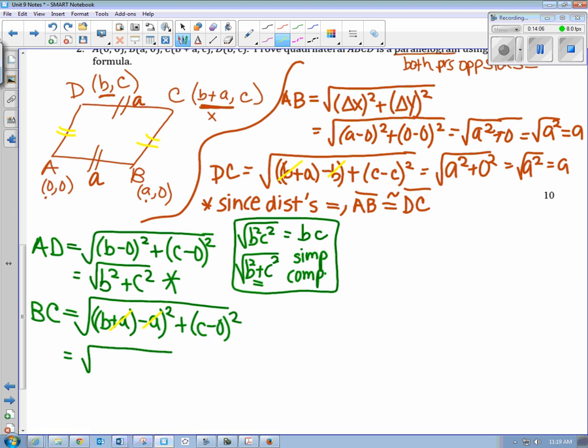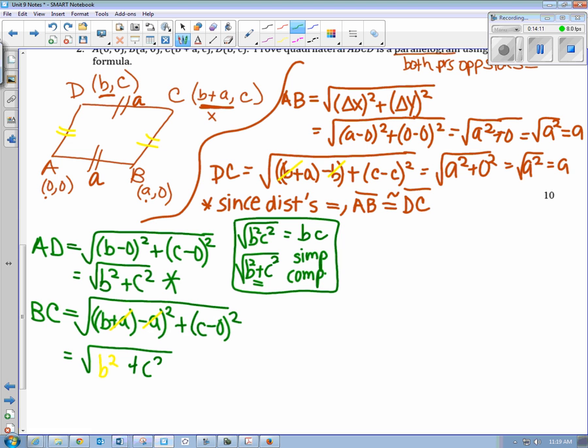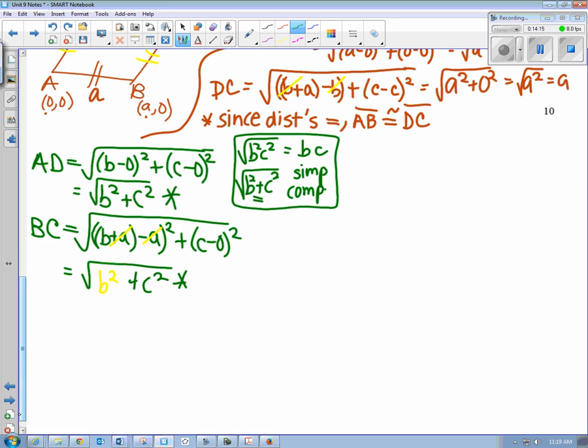These a's cancel, so b squared plus c squared. Again, that can't be simplified. And I want to make a little note now that says, since the distances are equal, I know that AD is congruent to BC.